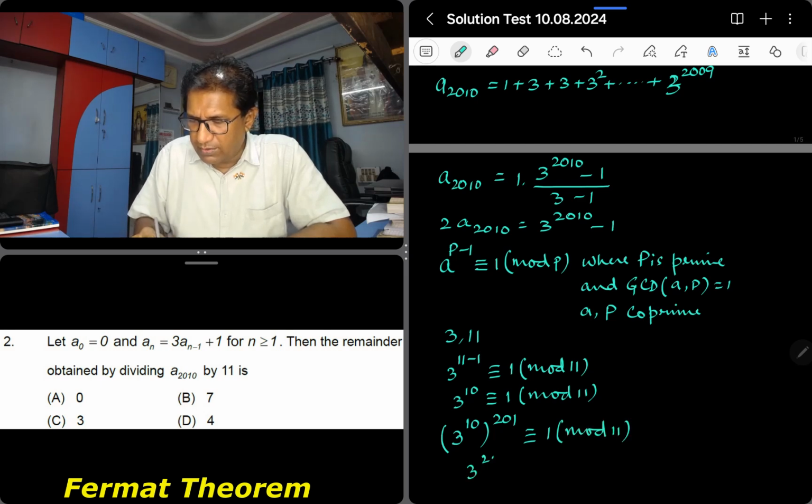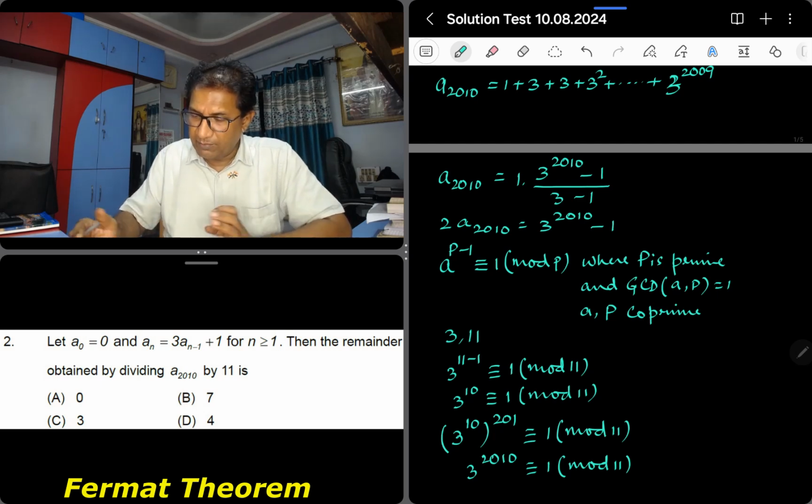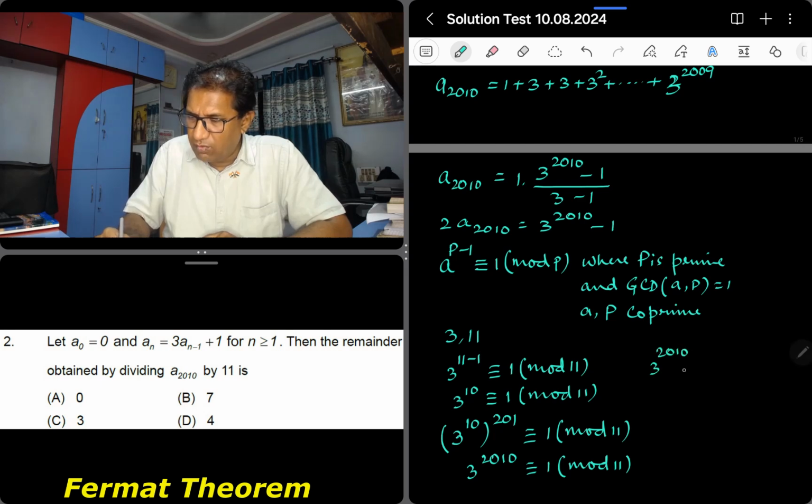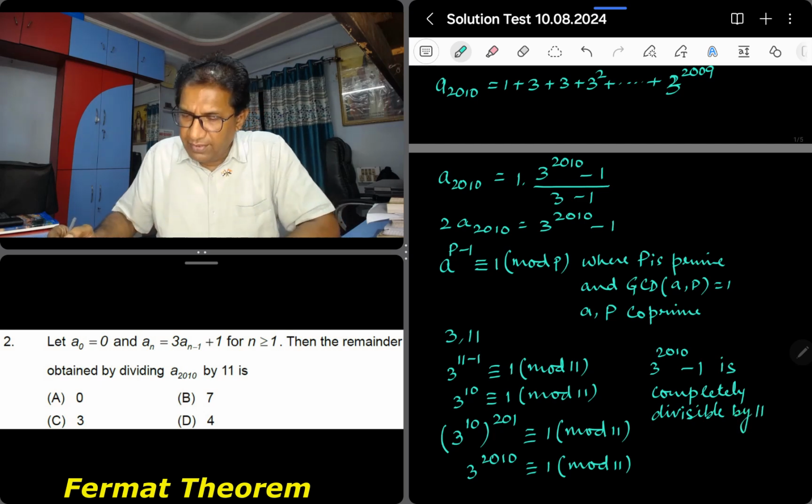So 3 to the power 2010, when divided by 11, the remainder is 1. Is it clear? The remainder is 1. Okay, so 3 to the power 2010 minus 1 is completely divisible by 11. Okay, it is completely divisible by 11.